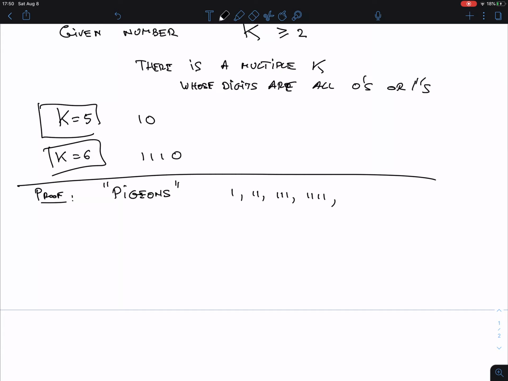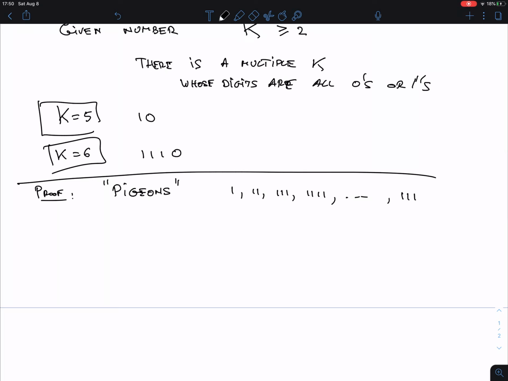I'm talking about decimal numbers, the usual numbers. But I'll keep writing them, 1, 11, 111, 1111. In other words, all the numbers that only have ones in them. And how many are there? I have k plus 1. Okay. So how many numbers are there? Well, we'll talk about that. So these are my pigeons.